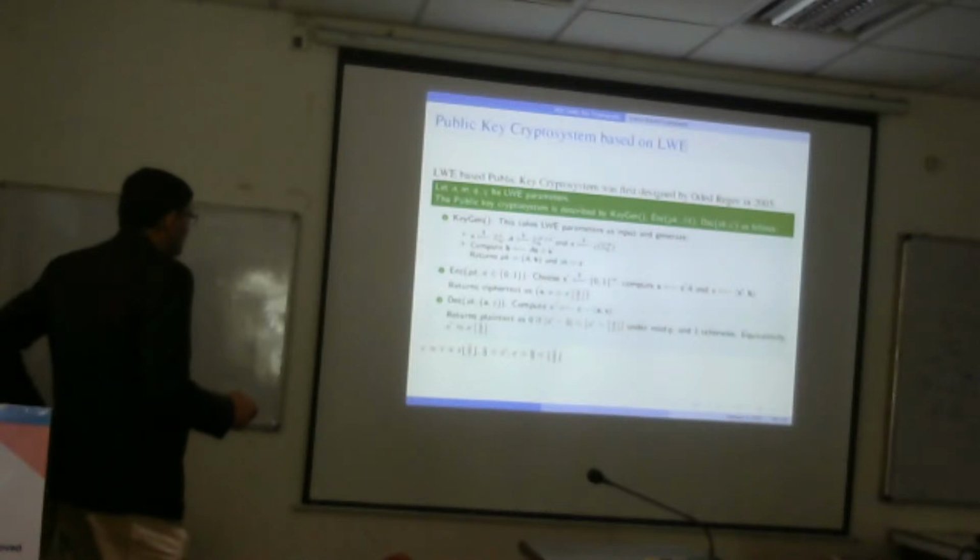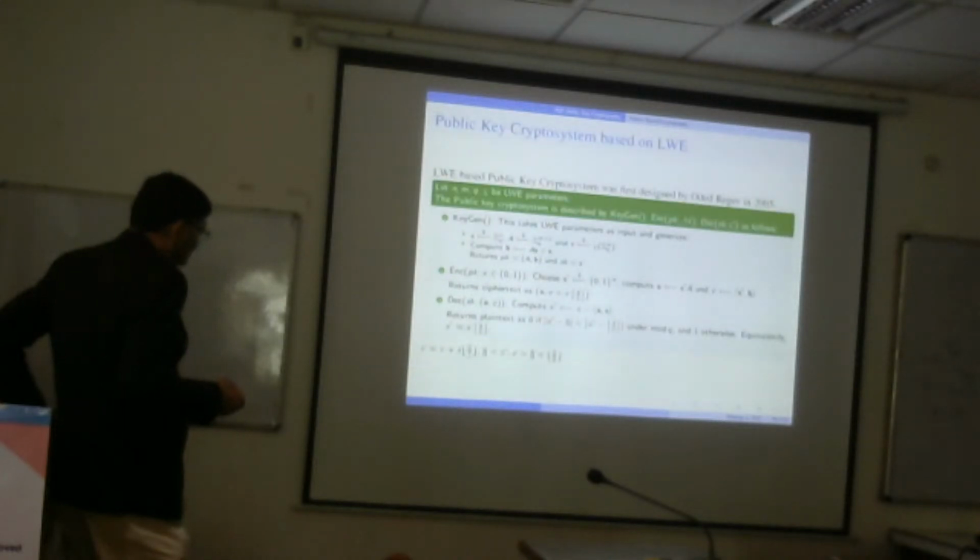So the elements belong to Z_q, and the dimension of the vector is n. We take the vector S and a random matrix A, and then we have to use the error vector. So what is the error vector?